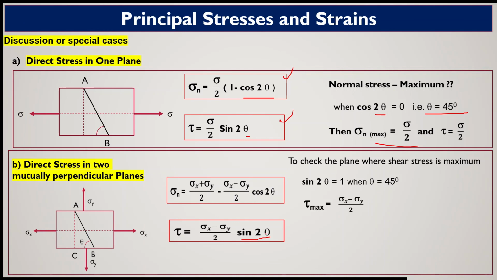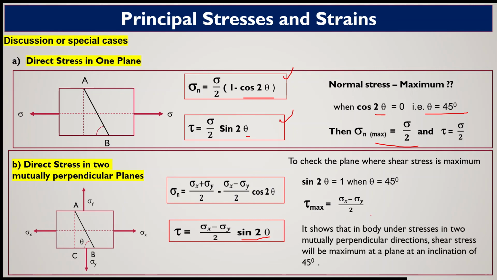So tau maximum will be sigma x minus sigma y by 2. It shows that in a body under stresses in two mutually perpendicular directions, shear stress will be maximum at a plane at an angle of inclination 45 degree.